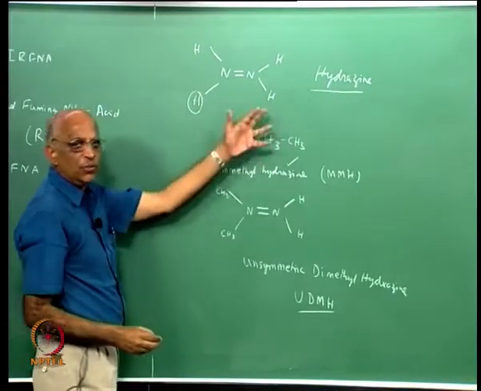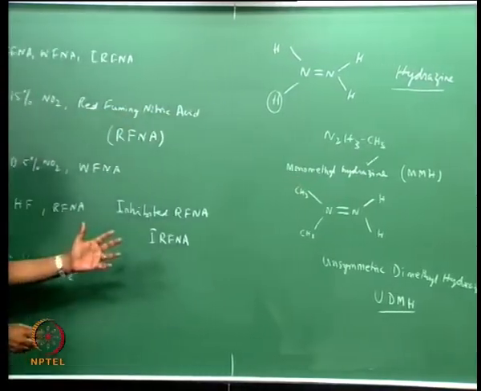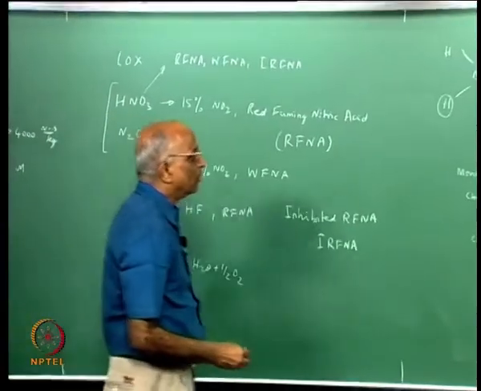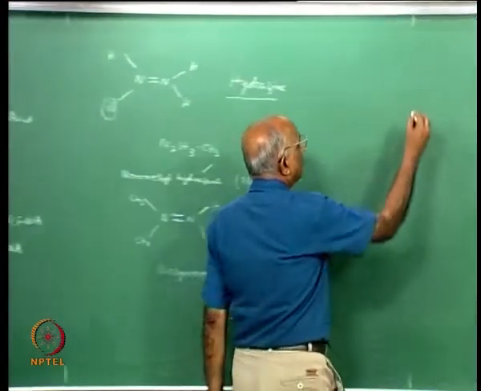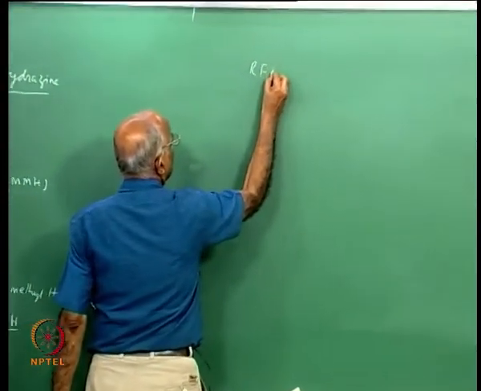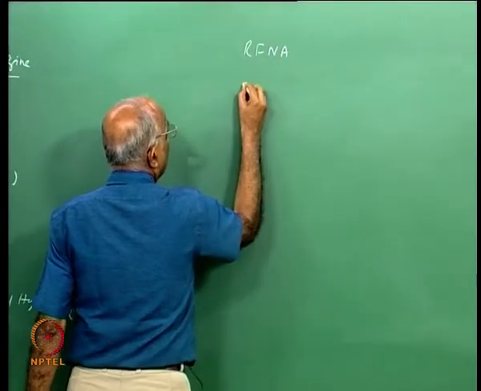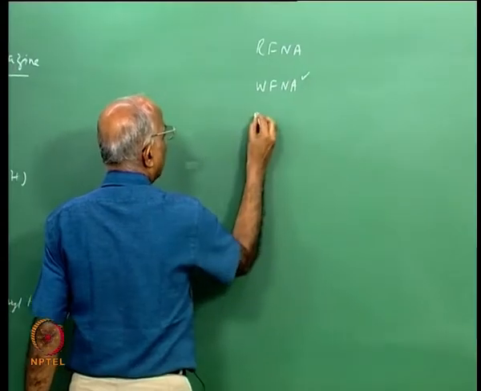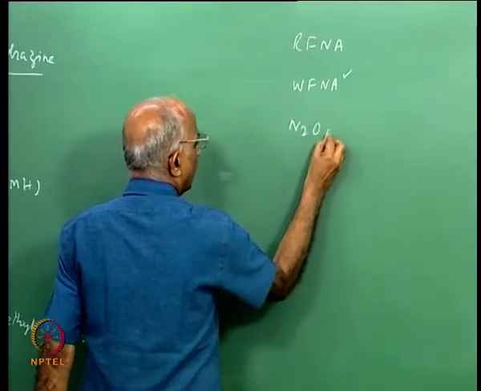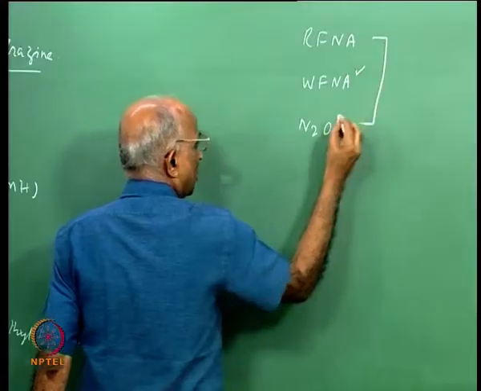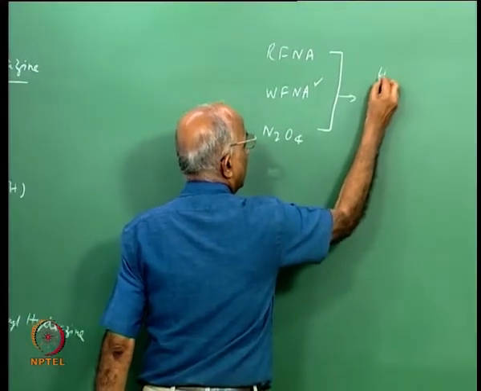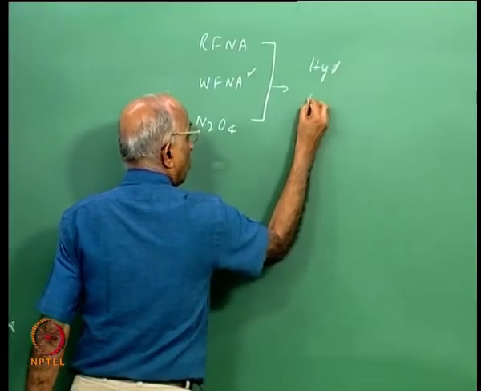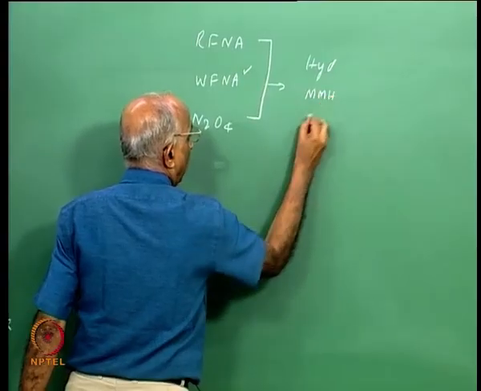These are the three fuels which we use, and these three fuels can be used with RFNA or with white fuming nitric acid, which is quite rare, or N2O4. That means I take these oxidizers and use them with hydrazine or monomethyl hydrazine or UDMH.